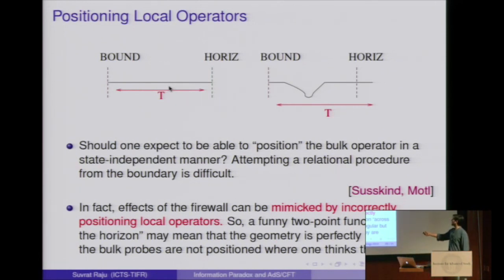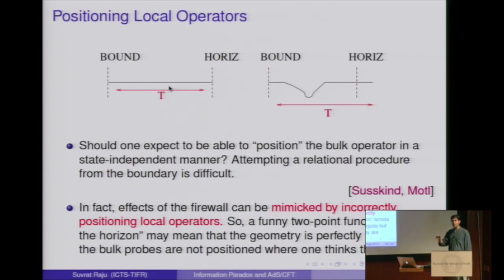However, if the metric was of a very different form, corresponded to some very different state, actually you might end up well behind the horizon. And in fact, we can show, and it's not very hard to persuade yourself, that the precise effects of a firewall can be mimicked by mispositioning operators. If I give you a set of correlation functions and I don't tell you what points those correlation functions are tied to, you can very easily persuade yourself that this is precisely what corresponds to a firewall.